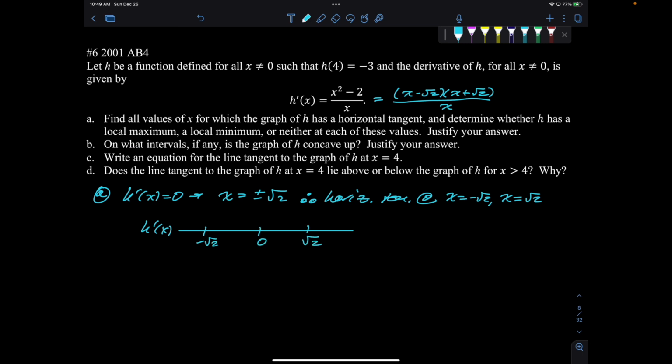We got a test, right? If we take negative a billion, plug it in, we're going to get a negative, a negative, a negative, 3 negatives make a negative. And then because everything comes from a first degree factor, there's going to be a sign change everywhere. So this will be plus, this will be minus, this will be plus.